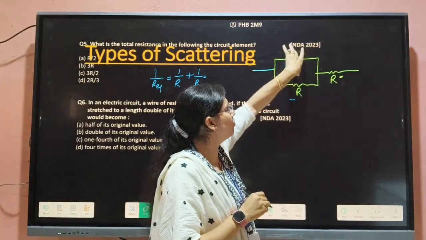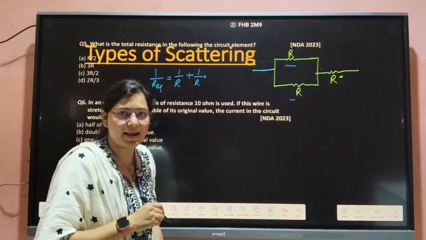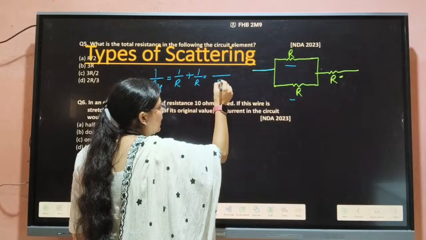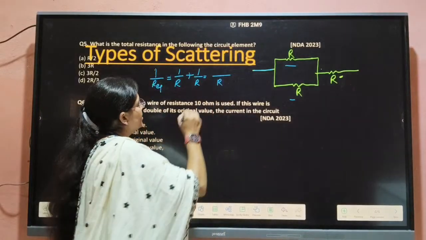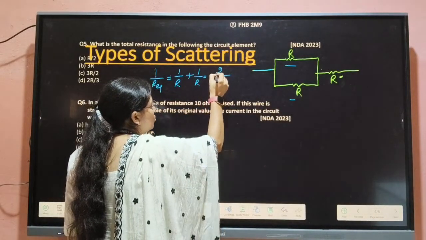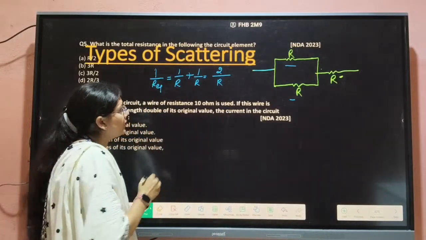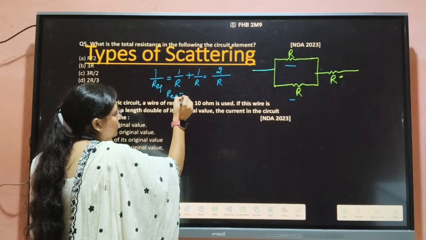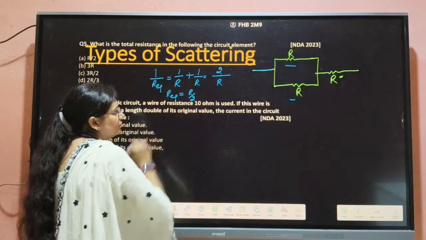So till here both resistances we take in parallel only. Solving, we get 2 by R, so R equivalent in parallel will be R by 2.